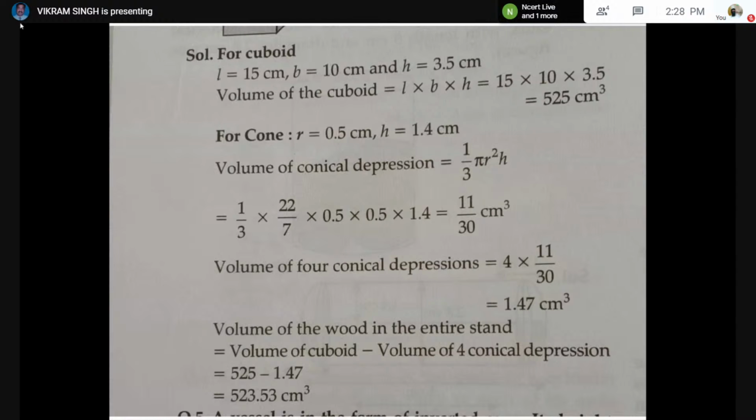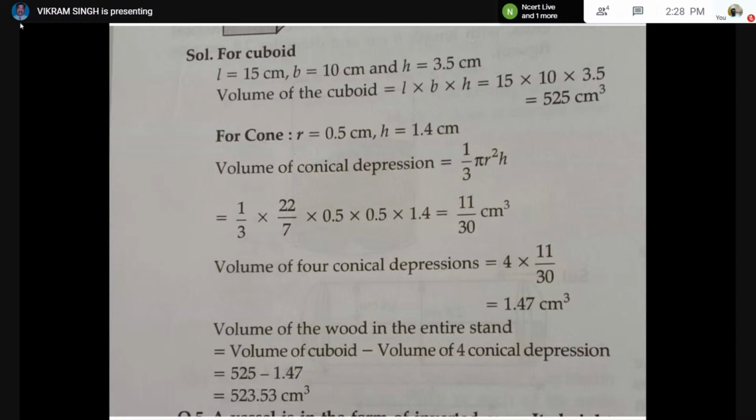It becomes 525 centimeter cube. For the cone, radius is 0.5 centimeter and height is 1.4 centimeter. So the volume of a depression in the form of a cone is 1 by 3 pi r square h.